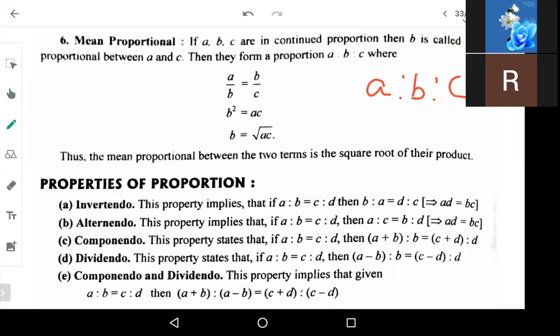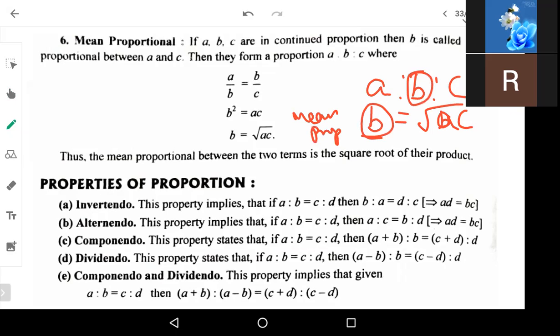Similarly, if it is A is to B is to C, then if two values are given and let's say we have to find out the value of B, it is very easy to find the value of B by finding the square root of A and C. You will get the value of B, and this B is called the mean proportional. The center one out of the three data is called the mean proportional of A and C.